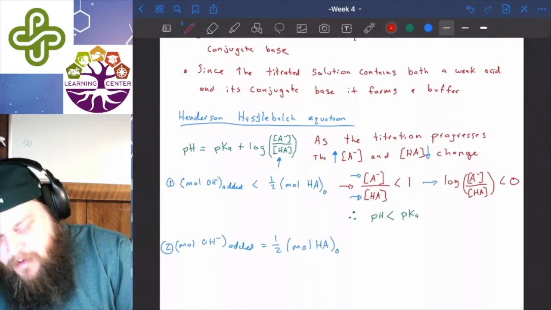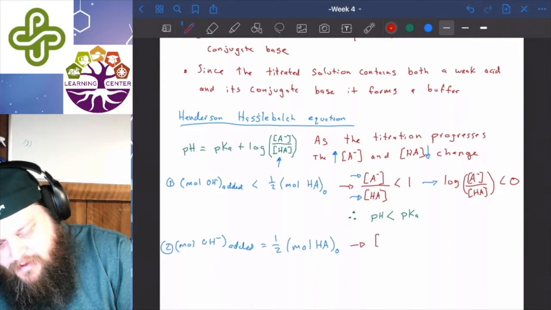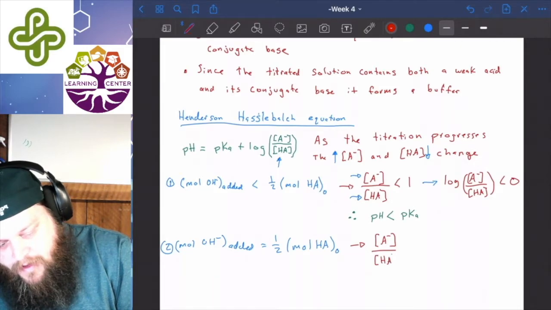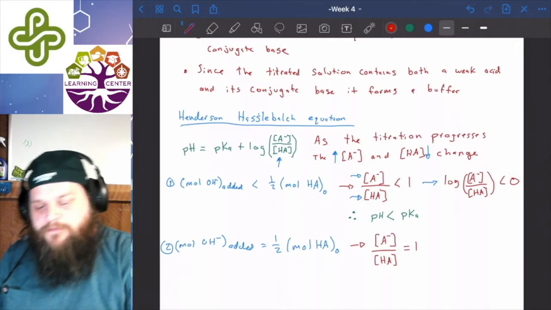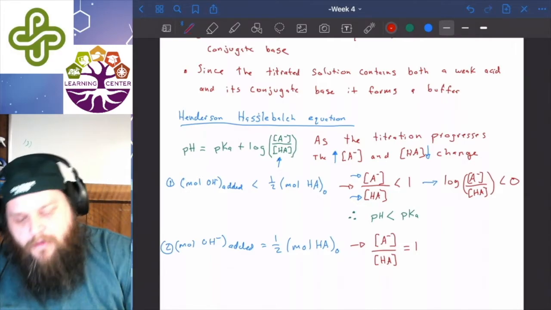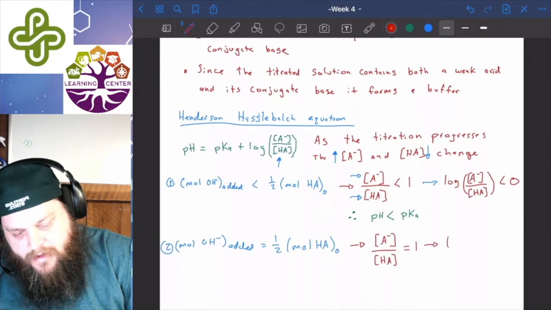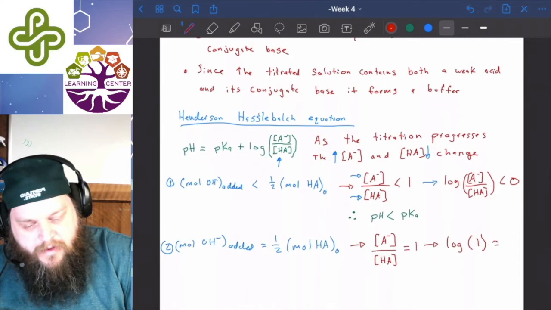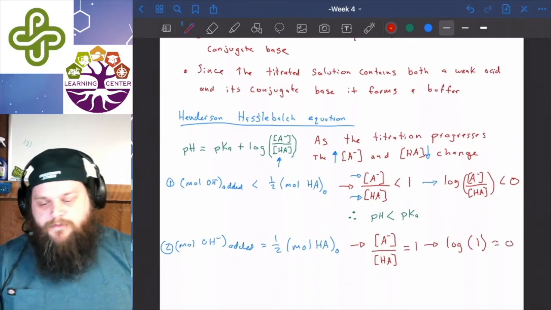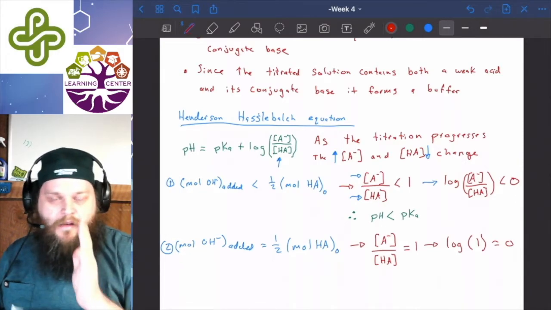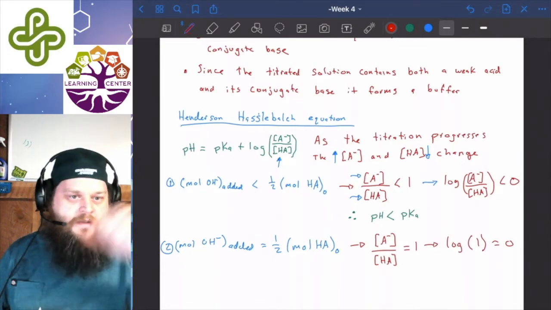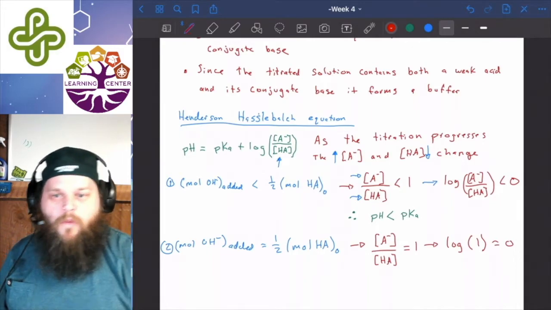That tells us that our ratio of the concentration of the base over the concentration of the acid is equal to 1. Now, when you have a logarithm, this same expression, log of 1, that's equal to 0. So if you were to graph your term, log of x, you would see at x equals 1, it's crossing the x-axis. So the log of 1 is going to be equal to 0.